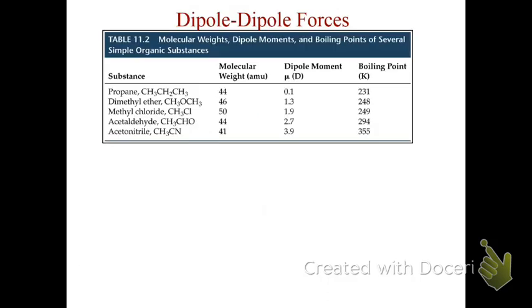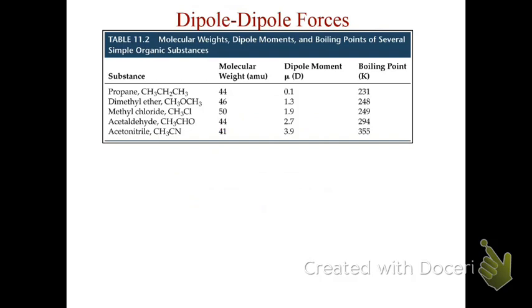Given a couple of examples, taking a look at propane given to you at the beginning, compare the molecular weight with the dipole moment, as well as the boiling point. You notice that the higher the value, looking at acetaldehyde, you have a 2.7 dipole moment, or 2.7 Debyes, and you also have a very high boiling point at 294 degrees Kelvin, whereas acetonitrile, CH3CN, has molecular weight again 41, but you also have a very, very strong dipole moment.